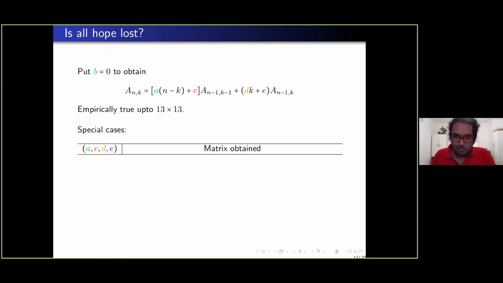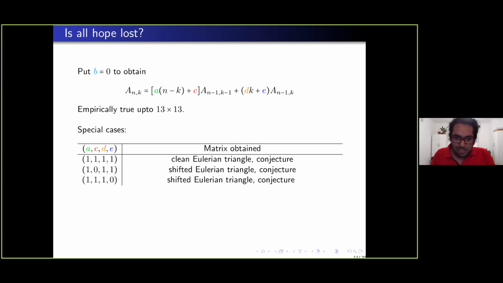Let's look at some special cases of this. If you have all four variables set to 1, or these three variable cases where one of the variables is set to 0 and the other three are set to 1, all of these give you some version of the Eulerian triangle or shifted Eulerian triangle. So if you prove that one of them is TP, you get that the other two are TP.